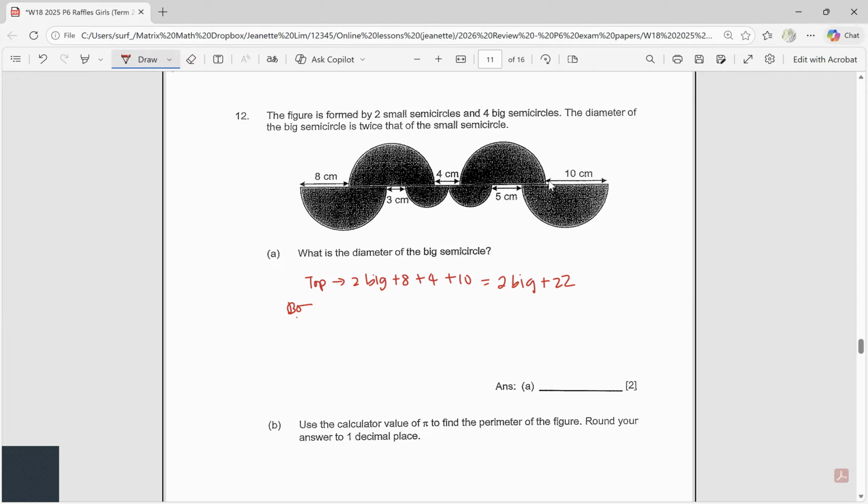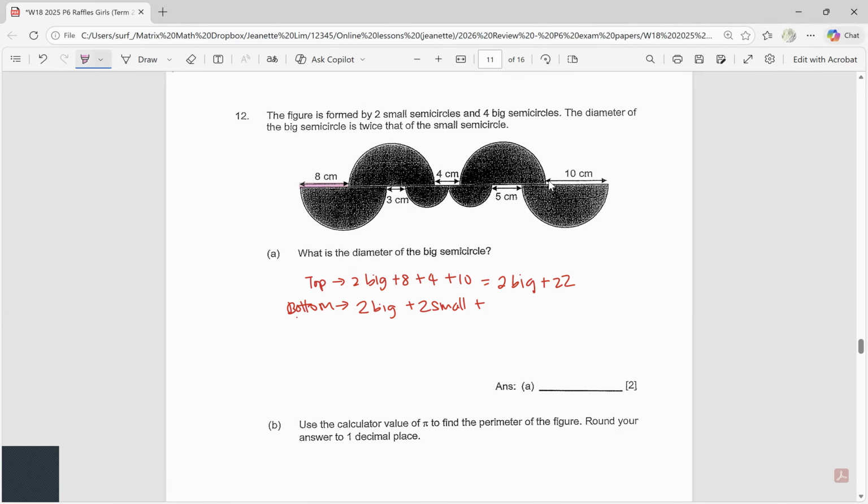Then the bottom, we have two big, two small plus 8, 3 and 5. The 8 is at the top, so your semicircle, you cannot really see.